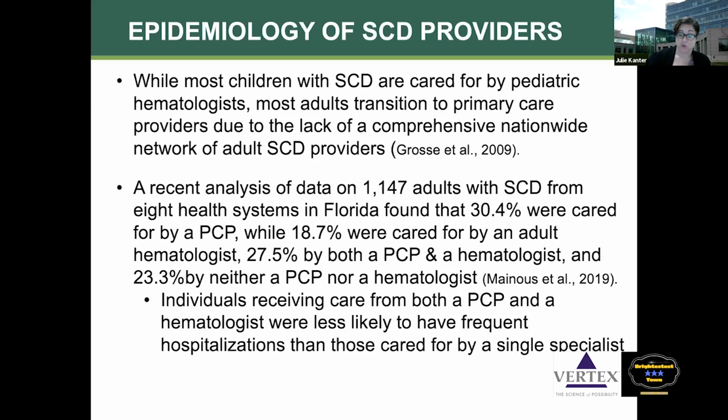That meant that only 27% had a primary care doctor and a hematologist, and almost 25% had no doctor, a primary care or a hematologist. And of course, as you might imagine, individuals who had both a primary care doctor and a sickle cell hematologist had less hospitalizations and better outcomes. If we can't get individuals with sickle cell to a hematologist, it will be very hard to get them to a transplant.